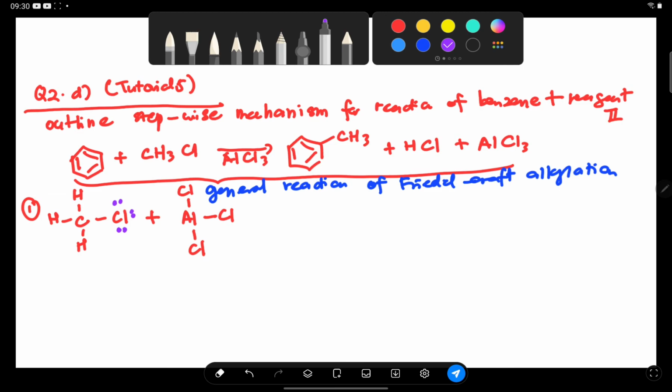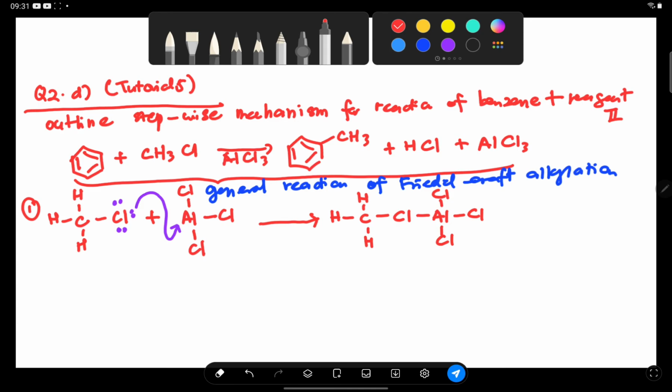This 2 electron will attack this aluminium and it will form a bond with the catalyst.